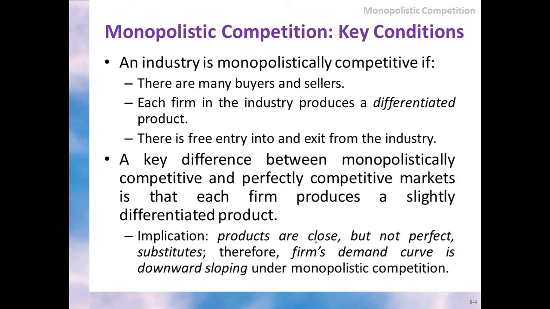Monopolistic competition is the market structure that has many buyers and sellers. However, the firms in the industry produce a differentiated product, or sometimes we call it a heterogeneous product. There is also free entry into and exit from the industry. The key difference between monopolistic competition and perfect competition is the differentiated product.